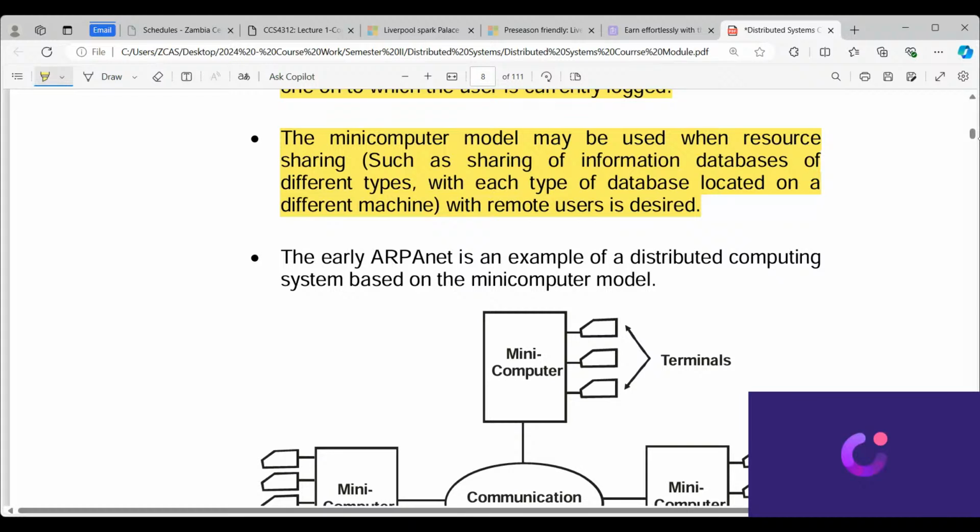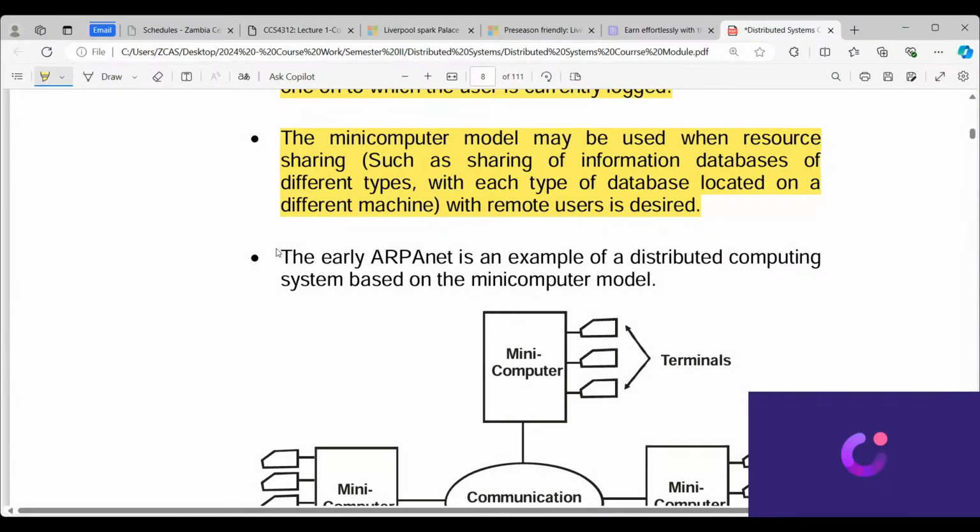Okay, when you want to share resources with remote users. So the early ARPANET is an example of a distributed computing system based on the mini computer model.